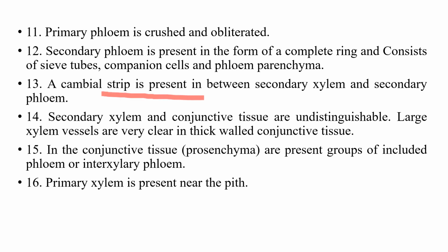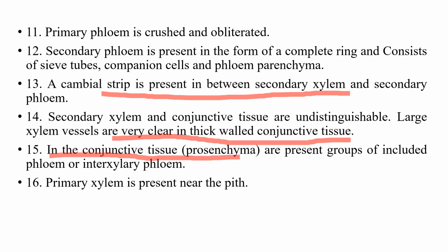A cambial strip is present in between secondary xylem and secondary phloem. Secondary xylem and conjunctive tissue are indistinguishable. Large xylem vessels are very clear in thick-walled conjunctive tissue. In conjunctive tissue or prosenchyma are present groups of included phloem and interxylary phloem. Primary phloem is present near the pith.